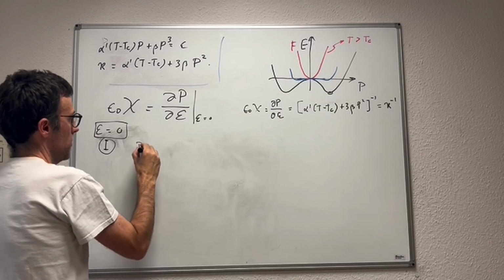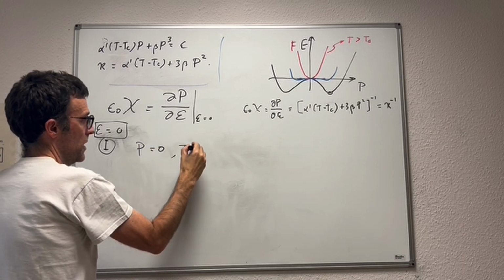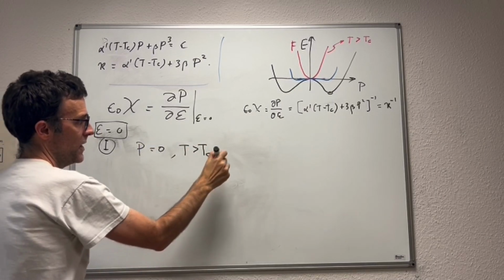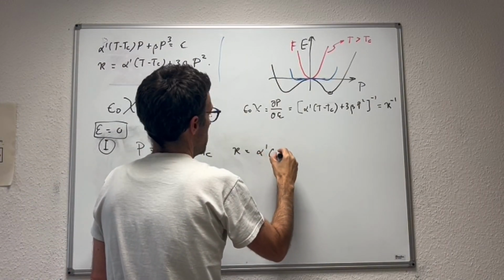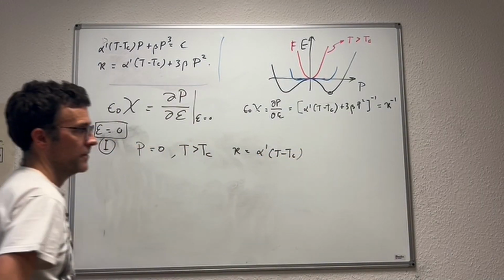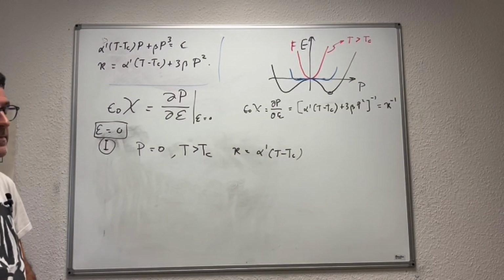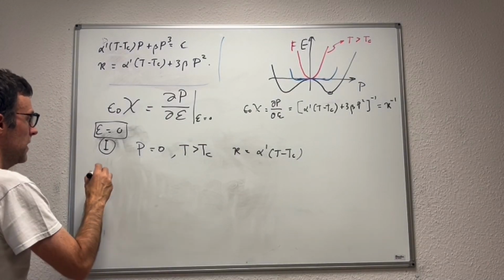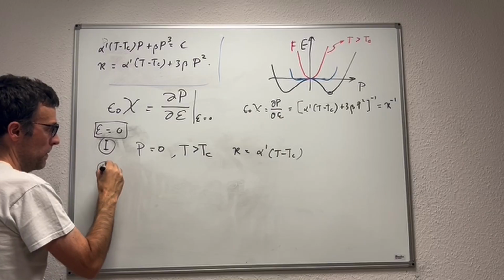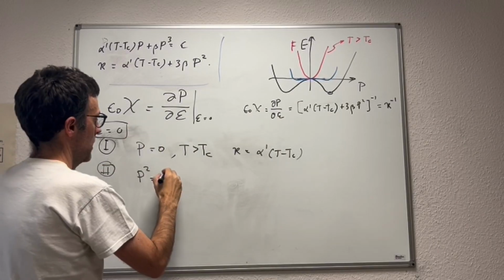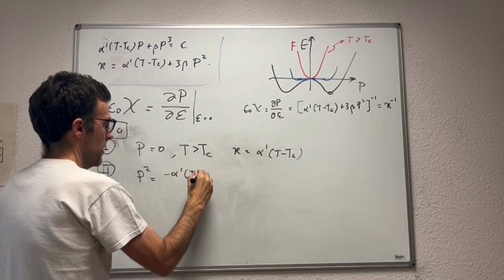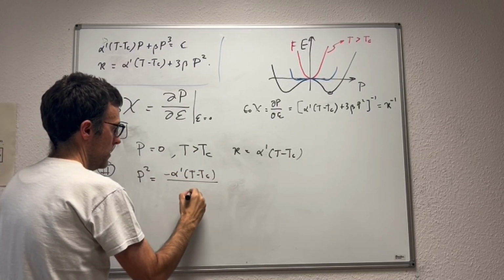So we know that we have P equal to 0 for T above Tc, and this gives us a stiffness that is simply alpha prime (T minus Tc). And we had a second solution, which was P squared equals minus alpha prime (T minus Tc) divided by beta.